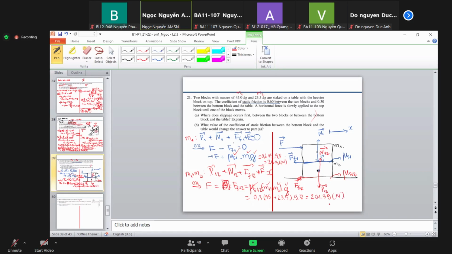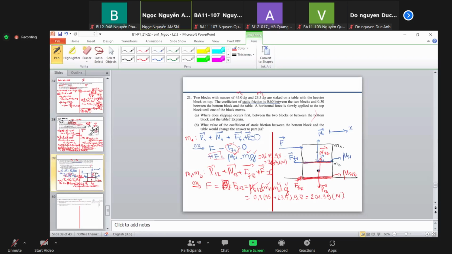Okay, so when you look at this, it's 60, right? When you look at it, you see that okay, you need more force to get over the static force between two blocks. Okay, here is the friction between two blocks. Okay, the static force here is higher than the static force here.